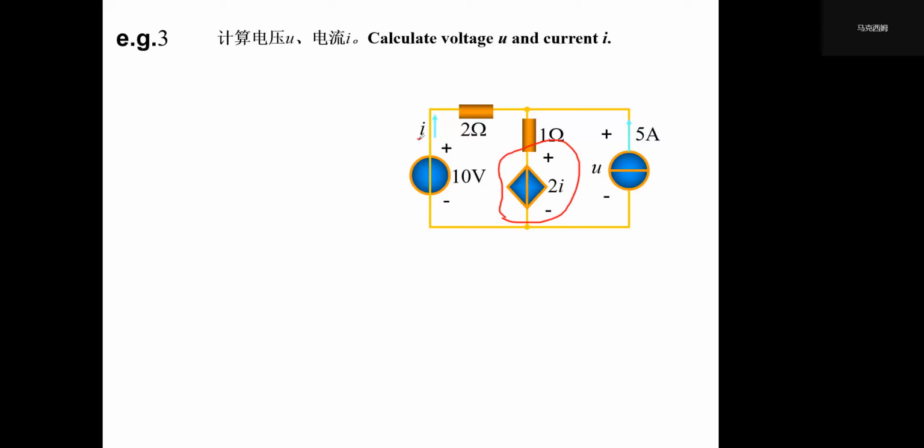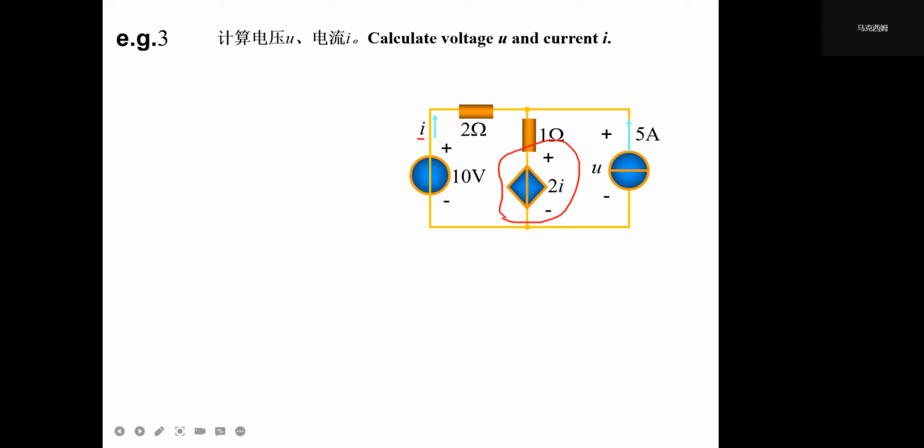So still we can apply the node voltage method, which we learned this morning, and we can also apply the mesh current method. Both are right, and it doesn't matter.